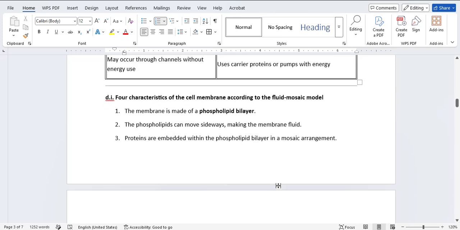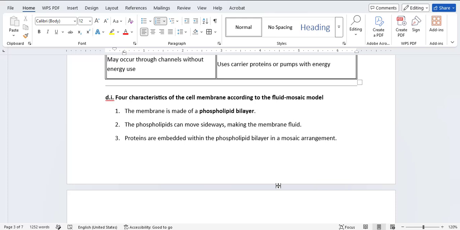And then here we are to give characteristics of the cell membrane according to the fluid mosaic model. One, the membrane is made up of what? A phospholipid bilayer. Two, the phospholipids can move sideways, making the membrane fluid. Three, proteins are embedded within the phospholipid bilayer in a mosaic arrangement.